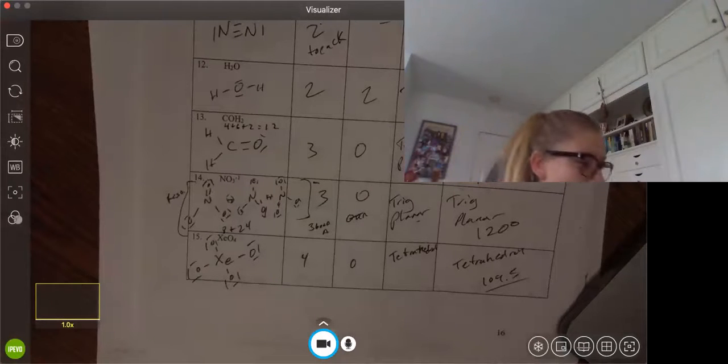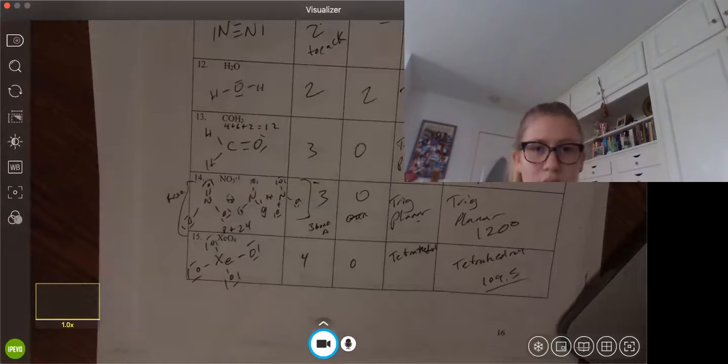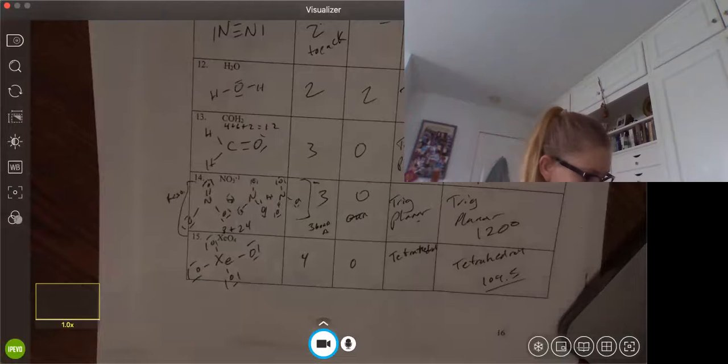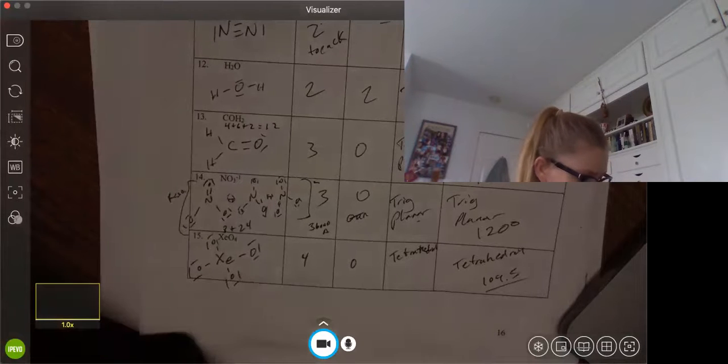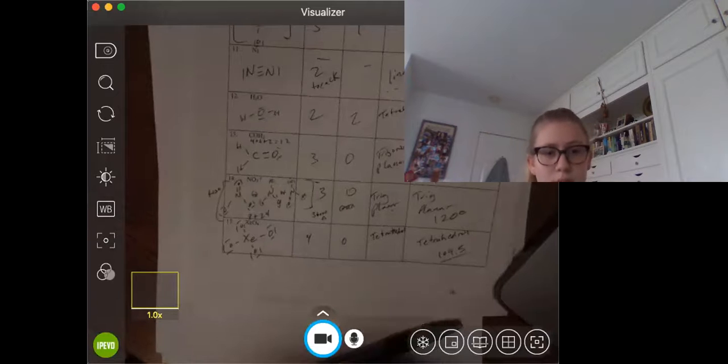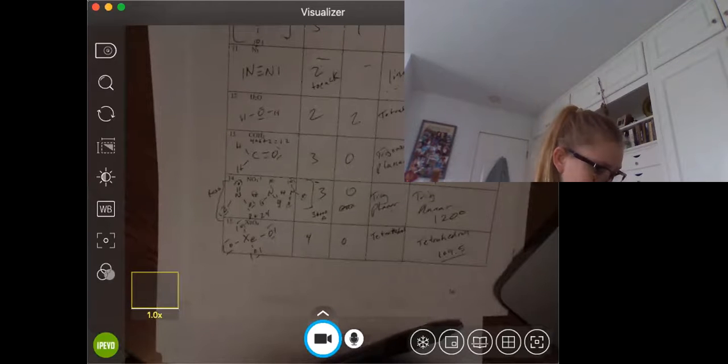Oxygen normally only likes how many bonds? 2. Okay, that makes sense. So that's why you've got to get that carbon in the middle because it's going to have the 4. Okay, that makes sense. But can you do more than 2 bonds for carbon? Oh, I meant oxygen. Very rarely will you see oxygen with more than 2 bonds. It's very rare. Okay. All right.